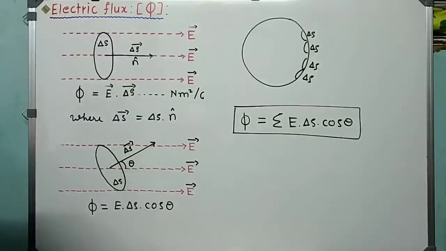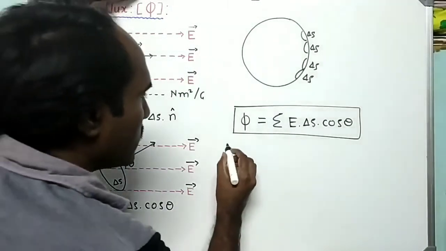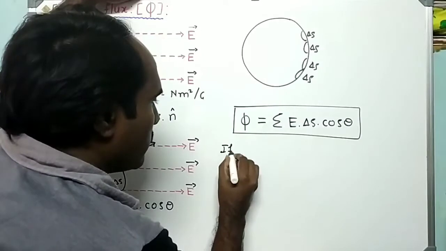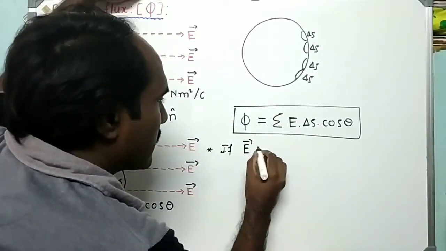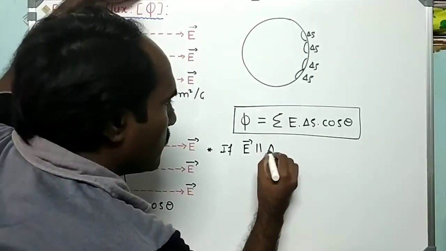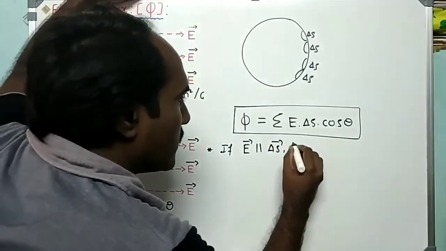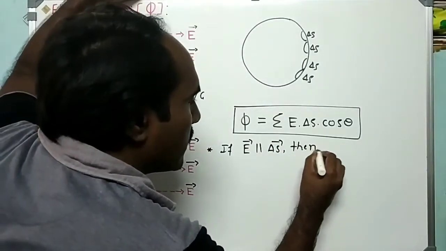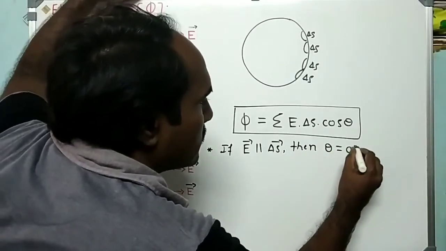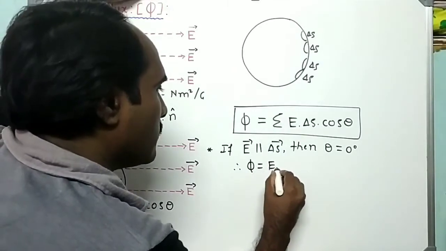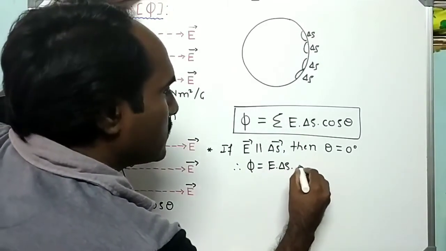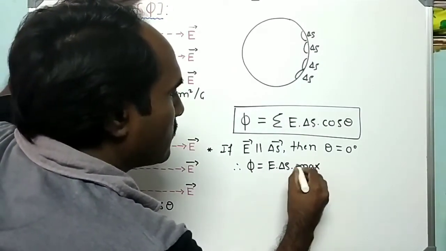Getting the idea? And one more thing here, if the electric field vector is parallel to the area vector, then what happens? Then theta is 0 degree. Therefore, flux is maximum, E into delta S, that is maximum.